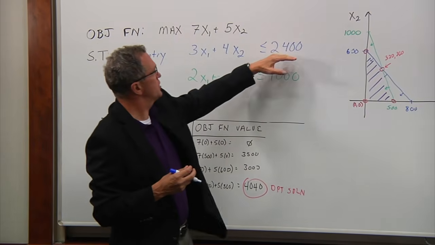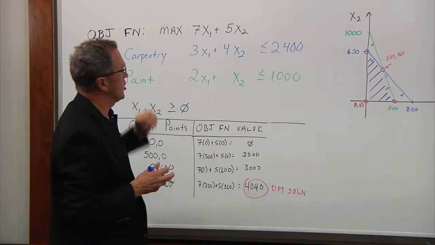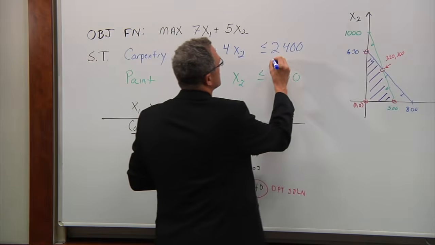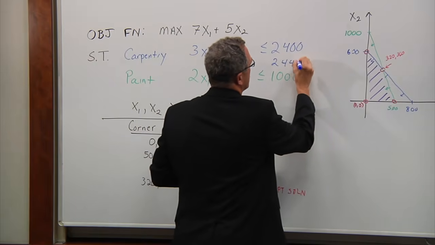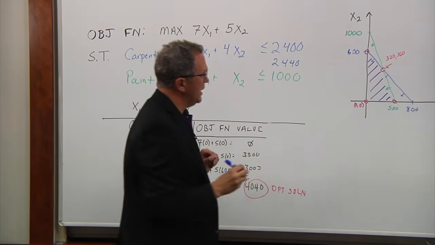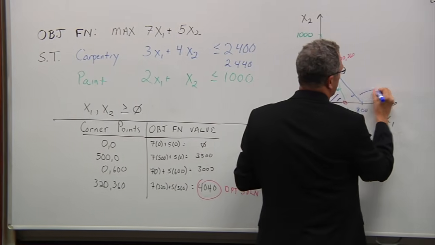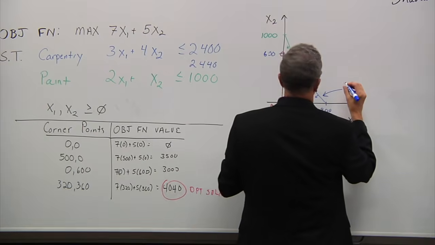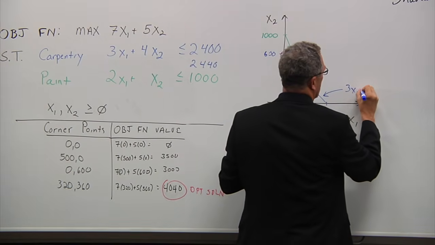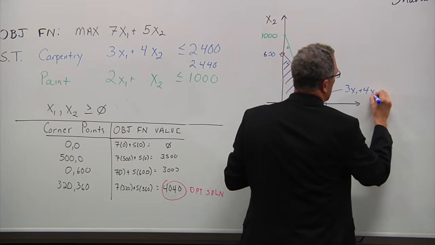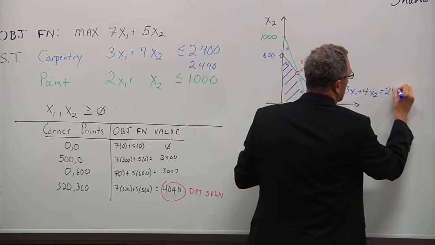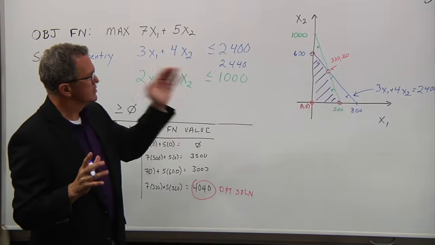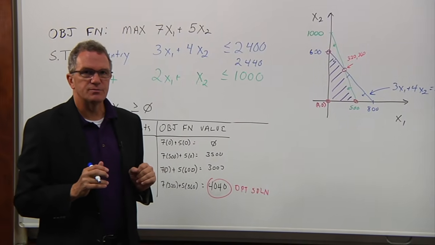If I had 2,400 work hours available in my carpentry shop and I added one person, this would go to 2,440 hours. Now remember that everywhere along this boundary, this constraint that we put in, this says that 3 hours per table plus 4 hours per chair equals 2,400 hours. Everywhere along that boundary, 2,400 hours have been consumed.